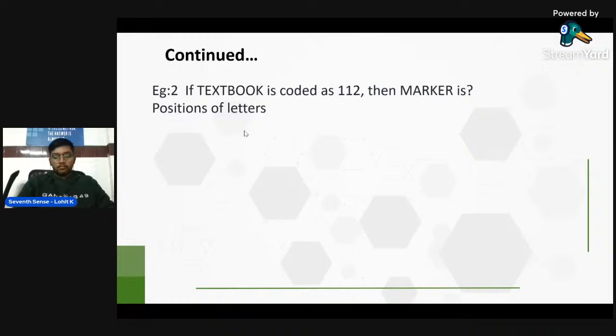Come on, guys, what is the answer? Add all numbers. When you add A, B, C, D, you'll get the answer as 10.